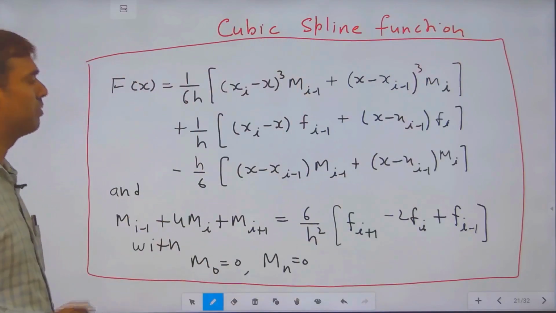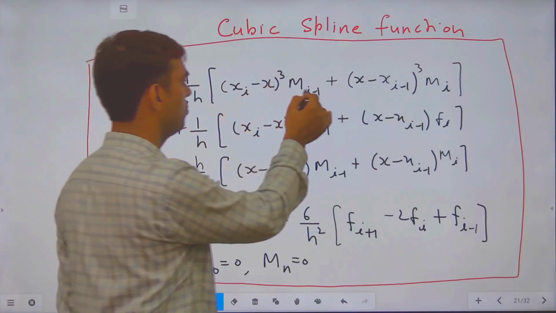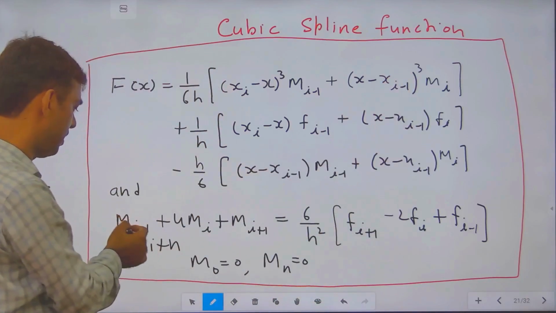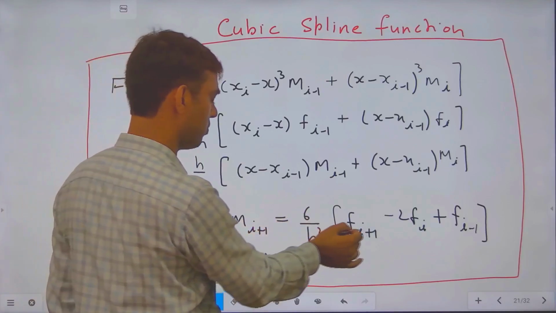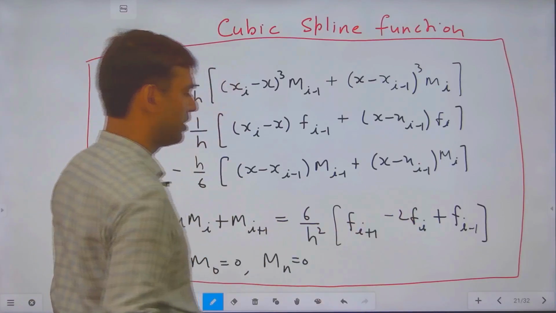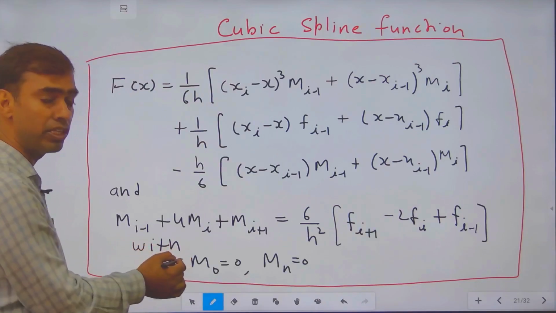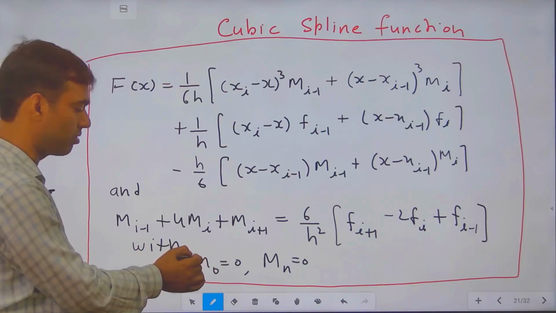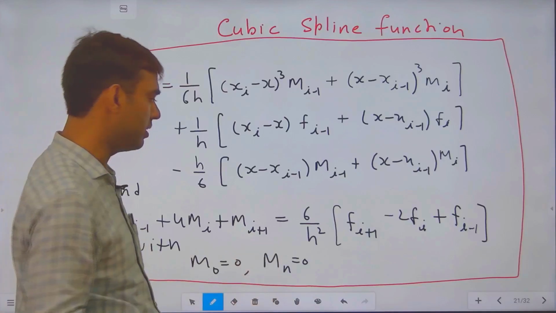So you need to remember this formula, f(x) equal to 1 upon 6h, (xi minus x) whole cube, mi minus 1 and so on, and mi minus 1 plus 4 mi plus mi plus 1 equal to 6 upon h square, fi plus 1 minus 2 fi plus fi minus 1, with the condition of a natural spline: m0 equal to 0 means the second derivative at x equal to x0 is 0, and the second derivative at x equal to xn is 0.